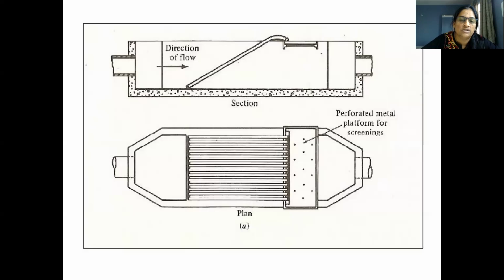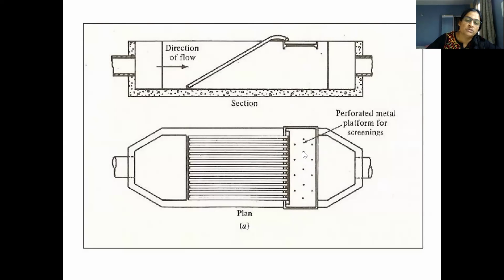First one is the vertical section, and this is the plan. Here in this figure, two types of screens are arranged in a series. This is a coarse screen, and the collected screenings will be dropped into this chamber where a perforated metal platform is provided.